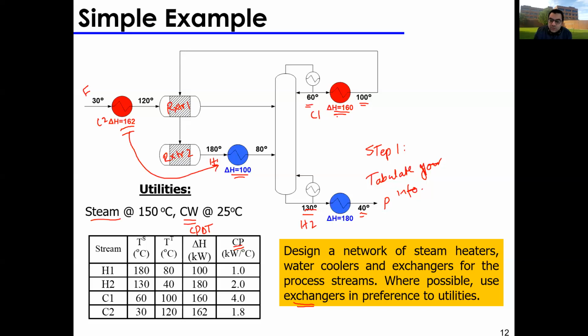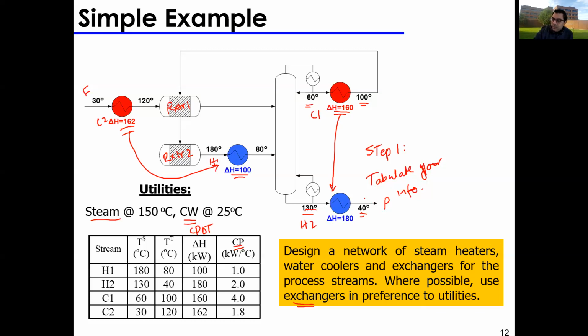I could use maybe some of this energy to heat up this guy. And then whatever is left, heating or cooling, I can add a small cooler or a small heat exchanger just to make up the balance, right? If I look at this 160 to 100, then maybe I'll have 60 left. Maybe I can add a small cooler. 160 to 180, and then I'll have about 20 left. Maybe I can add a small heater. Something like that sort of makes sense.